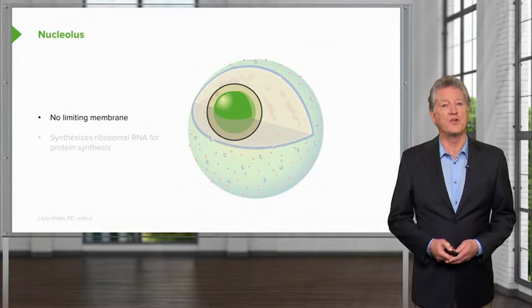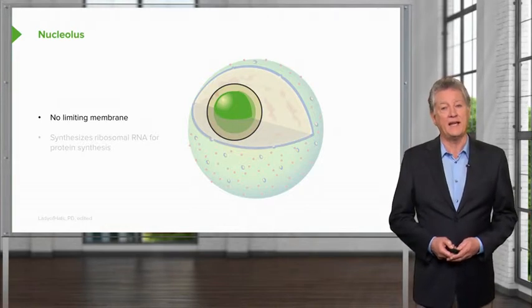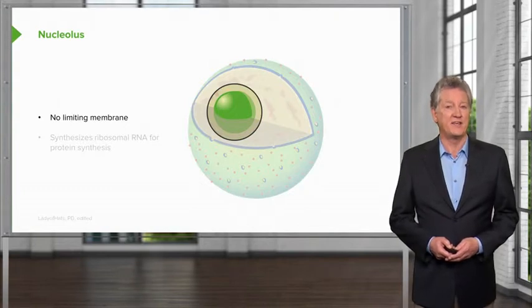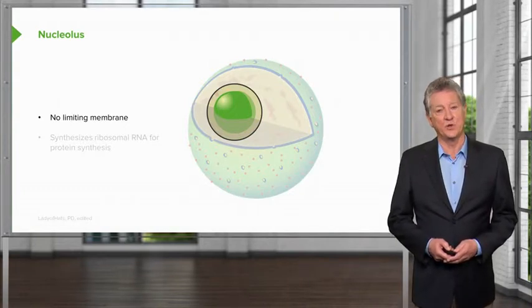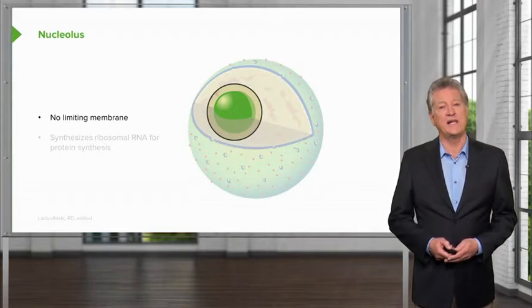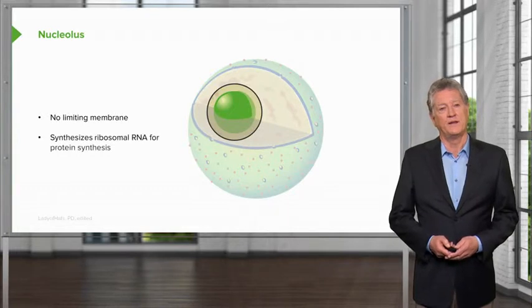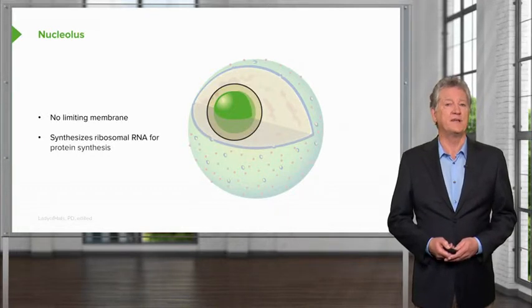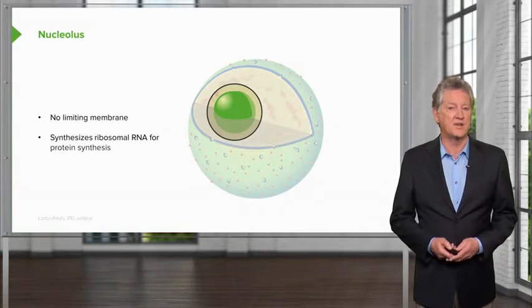Let's focus now on the nucleolus. Again, in the image, it's indicated by the coloured green spherical structure. It has no limiting membrane. Its job is to synthesize ribosomal RNA.